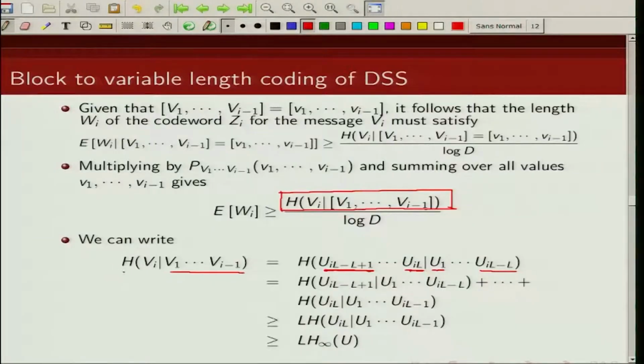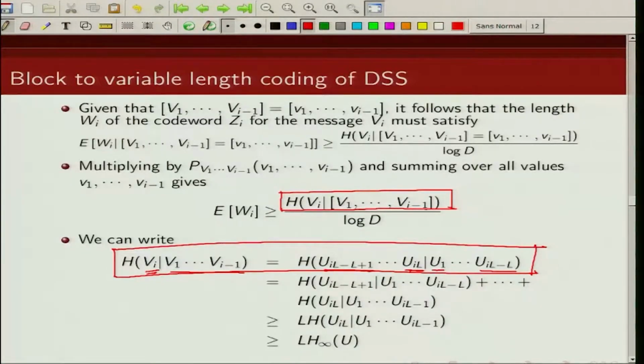So from the definition of Vi's, we can write this in terms of the uncertainty in Ui's. Next, we are going to apply the chain rule. Applying the chain rule, we can write this as the uncertainty in U(iL minus L plus 1) given U1, U2, U3, up to U(iL minus L), plus further terms like this, and finally the uncertainty in U(iL) given U1 to U(iL minus 1).